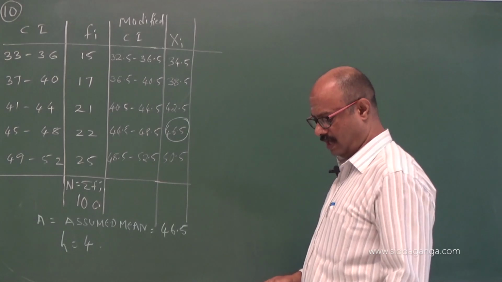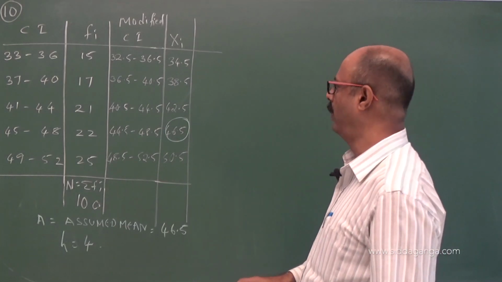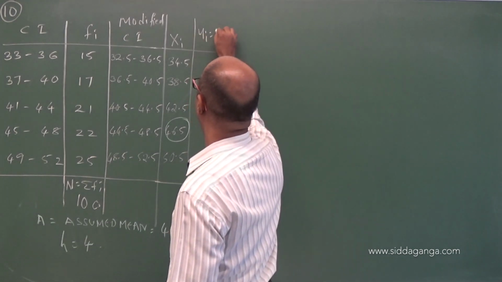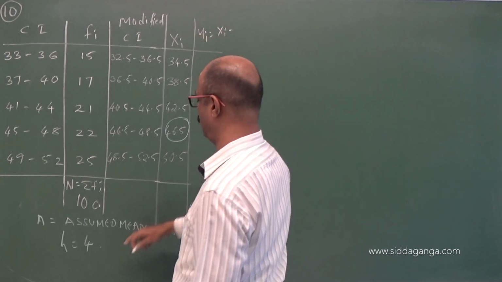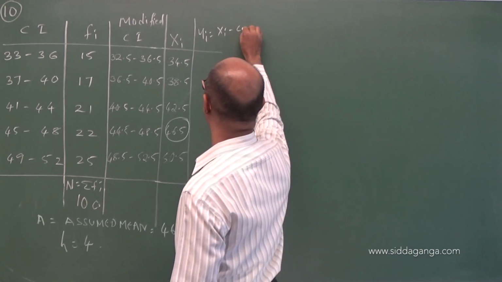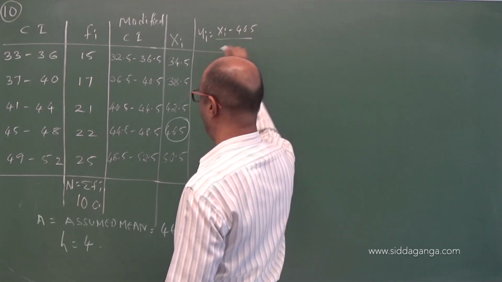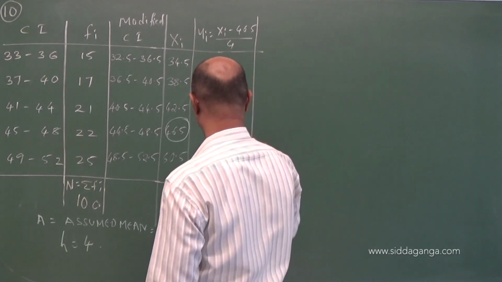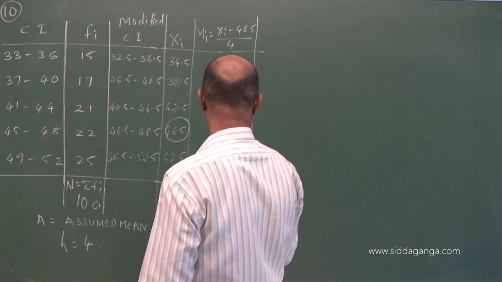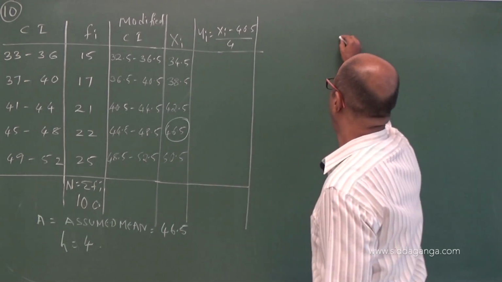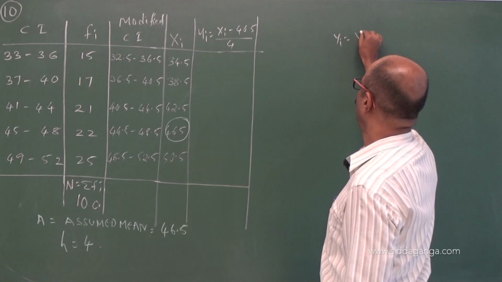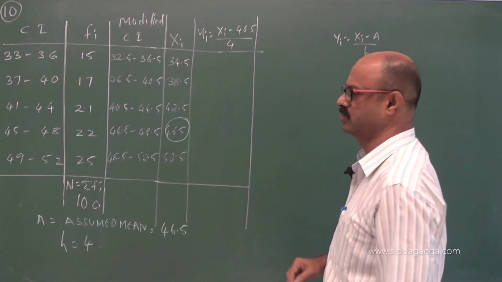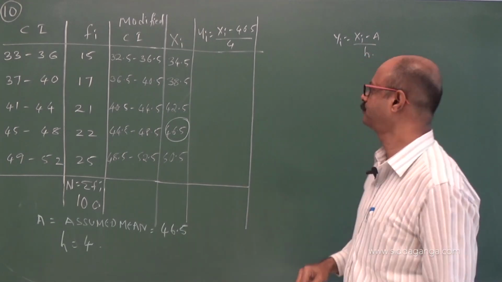After finding xi, we will find yi. So yi is given by xi minus A, where A here is 46.5, divided by h which is 4. This we call yi. Look at the formula, yi is equal to xi minus A divided by h. This is the formula to find yi.